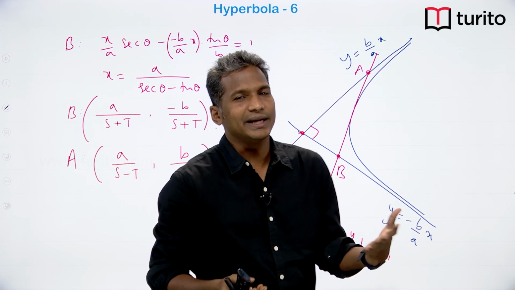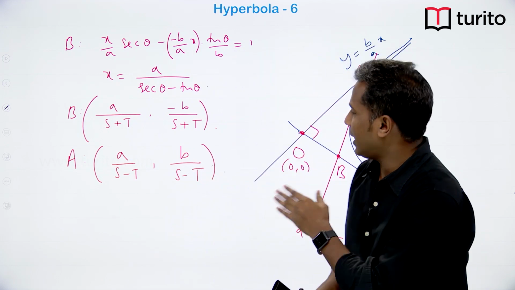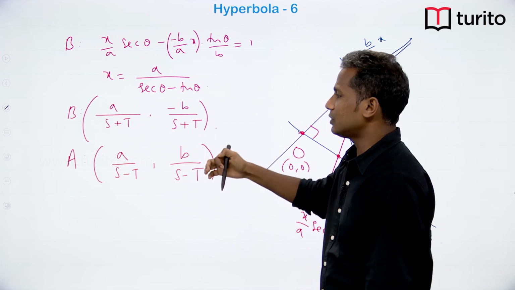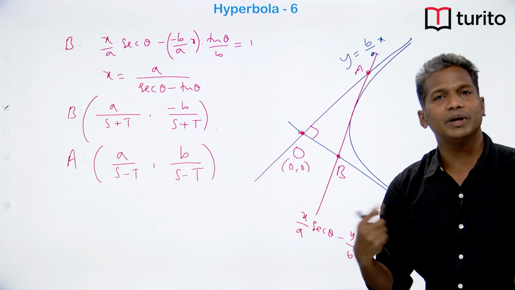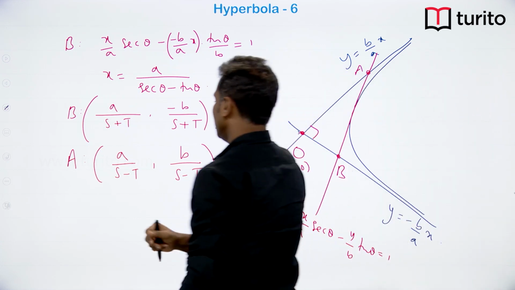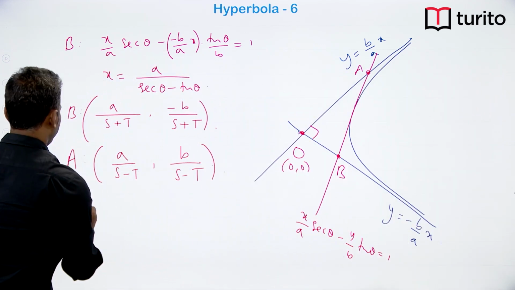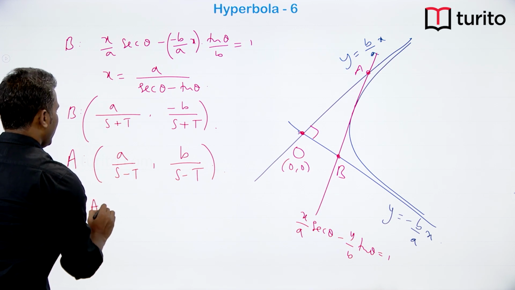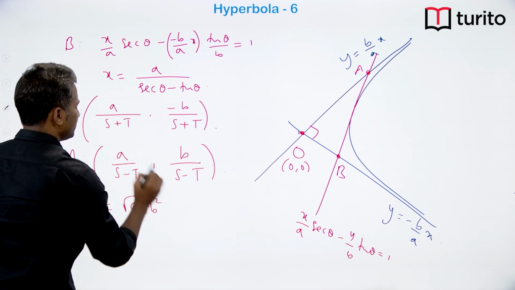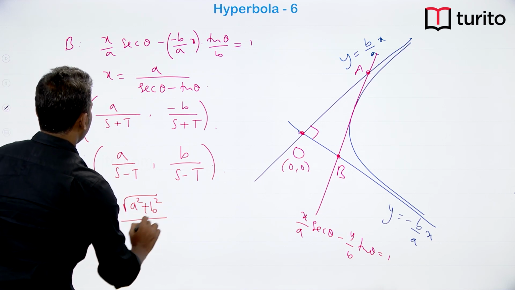Now, to find the area, we have to find OA and OB lengths. So, here if you observe what will be OA and what will be OB, you can directly substitute and simplify. So, OA is going to be root of a square plus b square by s plus t.